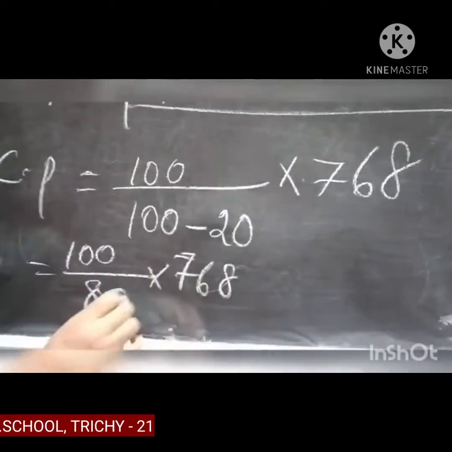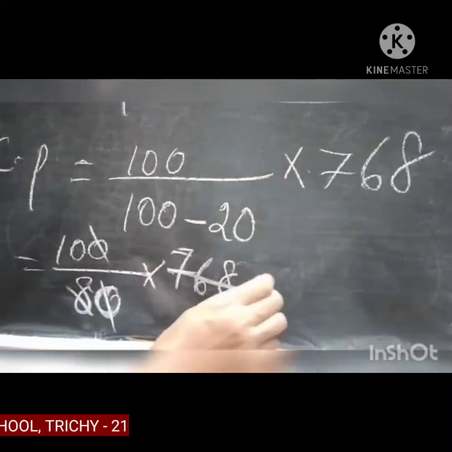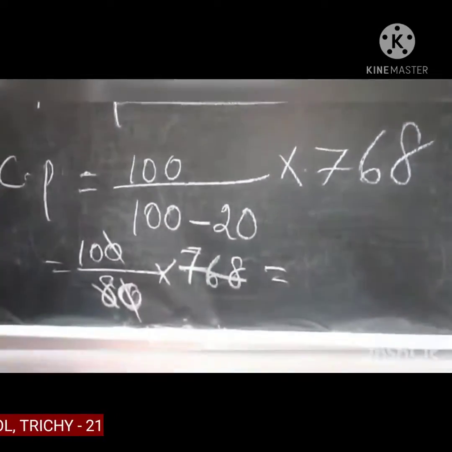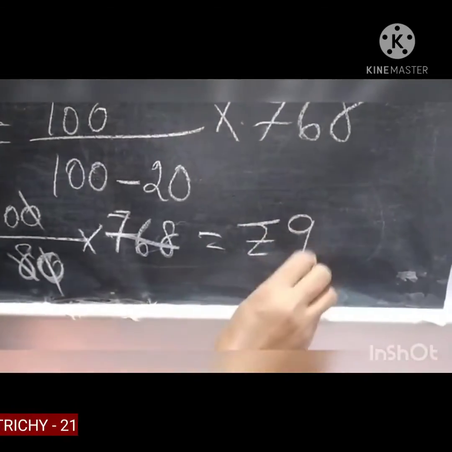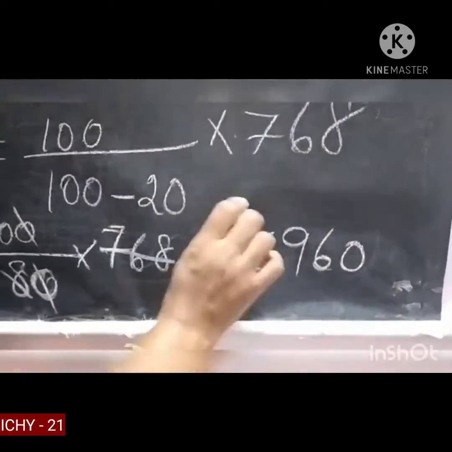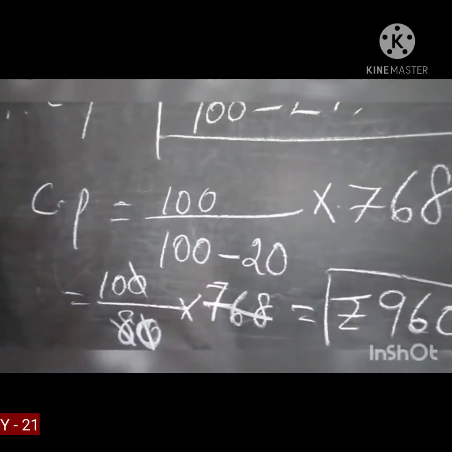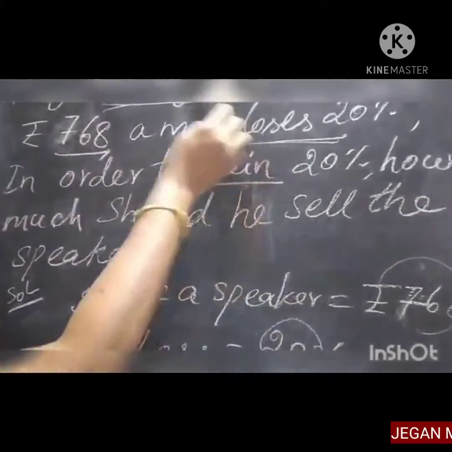You have to do the cancelling here, cancel 8 and 768. That answer is 960 rupees. This is the cost price of the speaker. Again I am telling, listen: in this first case the selling price is given and then the loss is given.